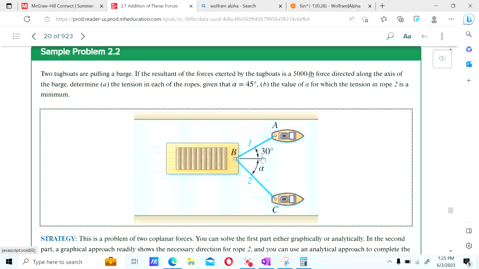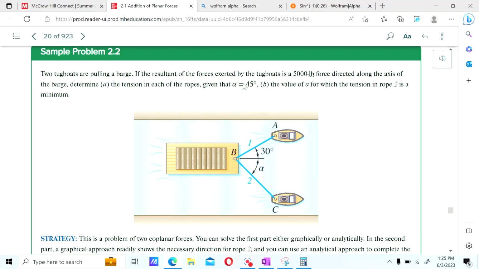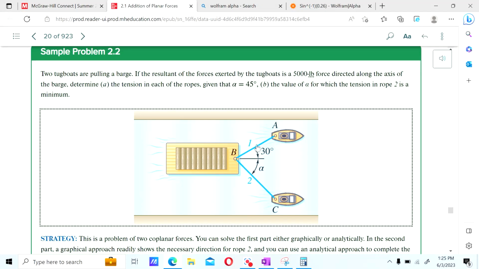We know that one is 30 degrees from the horizontal axis. The other one, they're asking us to find out what it is. Actually, they give it right here. It's 45 degrees. And they're saying that if the resultant is 5,000 pound force, then they're asking us for the force in each vector, in each rope.